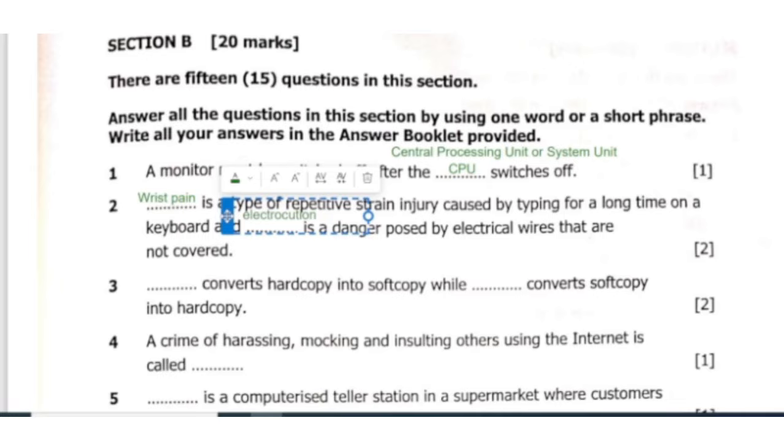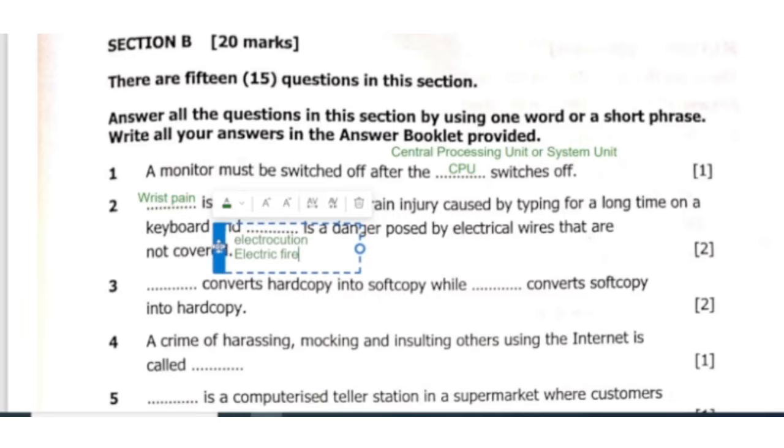If it's high voltage, you may die. The other thing that can be caused by naked cables is electric fire, and also damage to the devices, that is computers. The computers may be damaged if there is a spark. It's likely that the motherboard of the computers might even be bent, so your computers may get damaged.